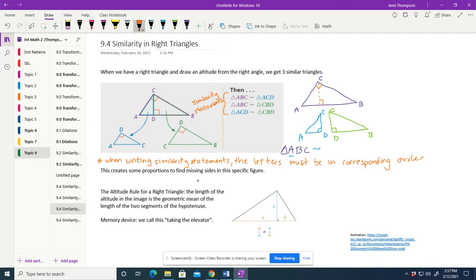So I have angle A here. Hopefully you would agree that angle A in the blue triangle is the same because they are actually the same angle. You have to imagine that the blue triangle is inside the purple triangle. So A is going to go in the first spot.